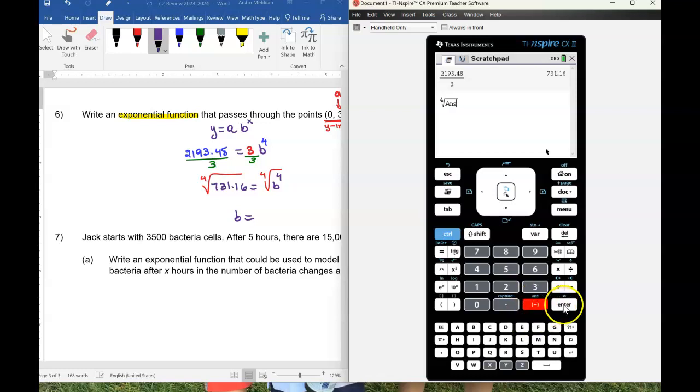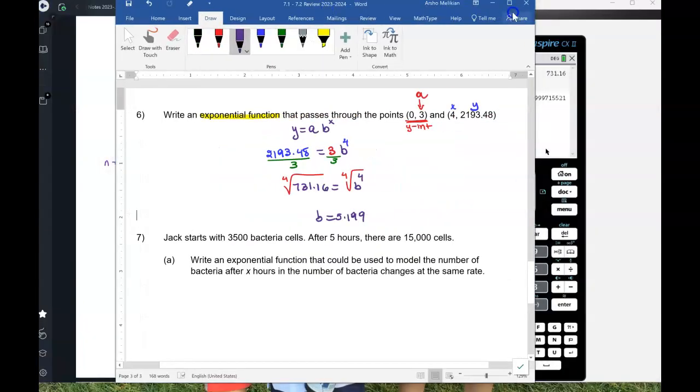So Control answer, that gives you the last answer in there. So you get 5.199. Usually it'll be specified how much to round your b. So we're going to estimate that to be 5.2.